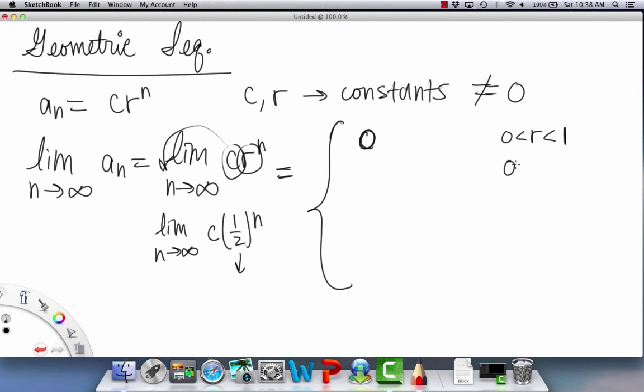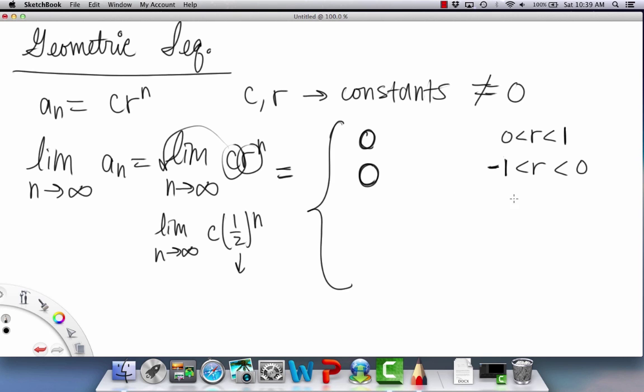And similarly, what if r is between 0 and -1 on the left side? If we had a -1/2 here, then we would get the same thing going on, right? Because then we have a fraction, and any fraction multiplied exponentially times itself is going to go to 0 as well.